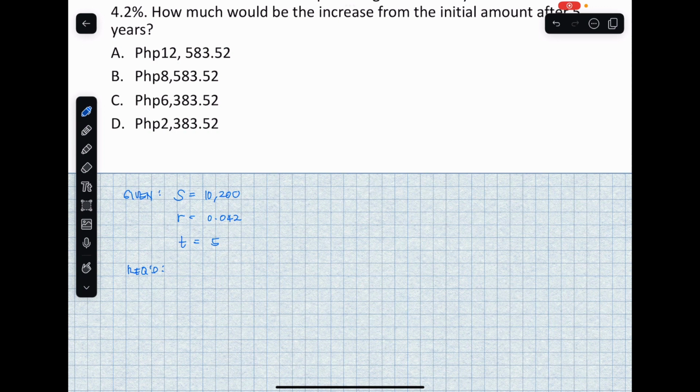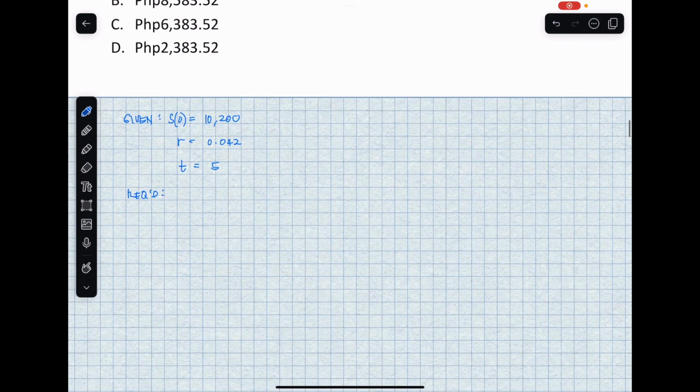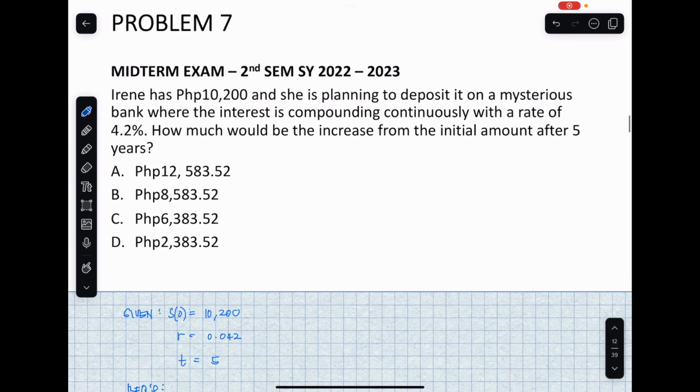So by the way, S of 0 is 10,200. What we are to find is not S after 5 years, but rather how much would be the increase.